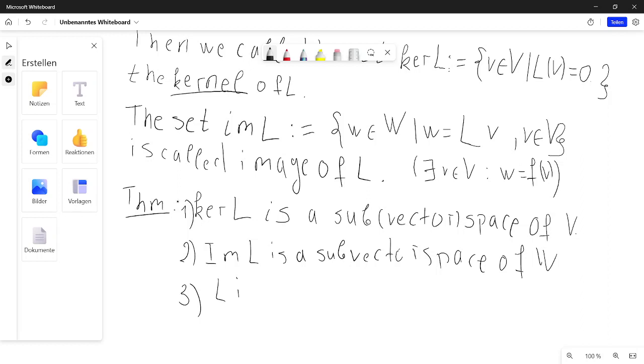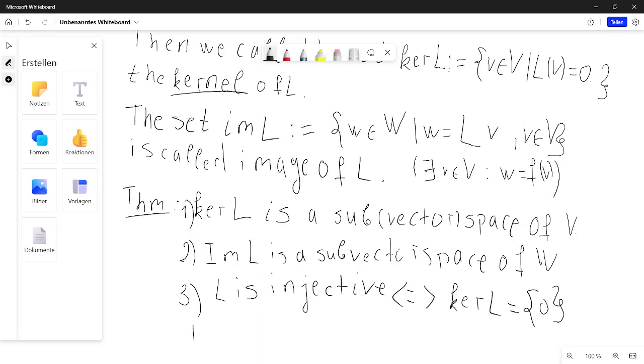And L is injective, a really useful characterization, if and only if the kernel of L only contains the zero vector. Of course, it does contain the zero vector because, well, we'll see why.